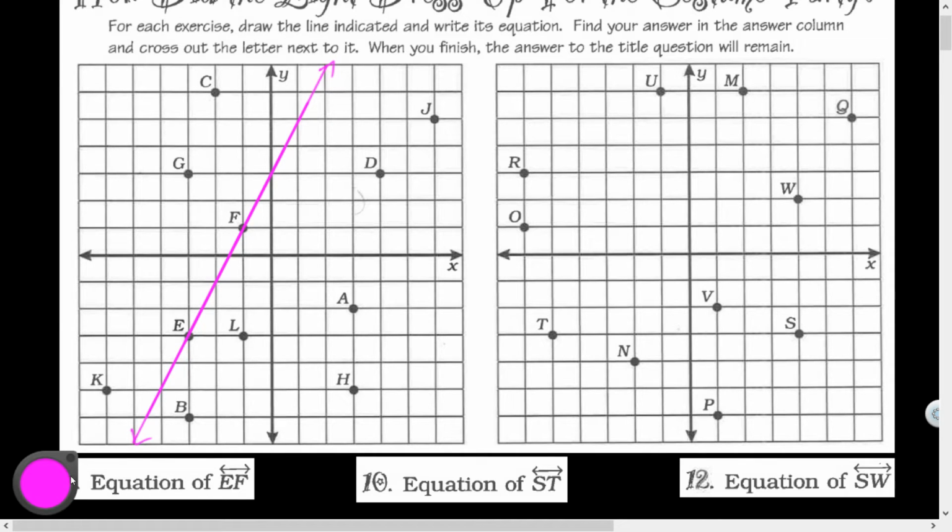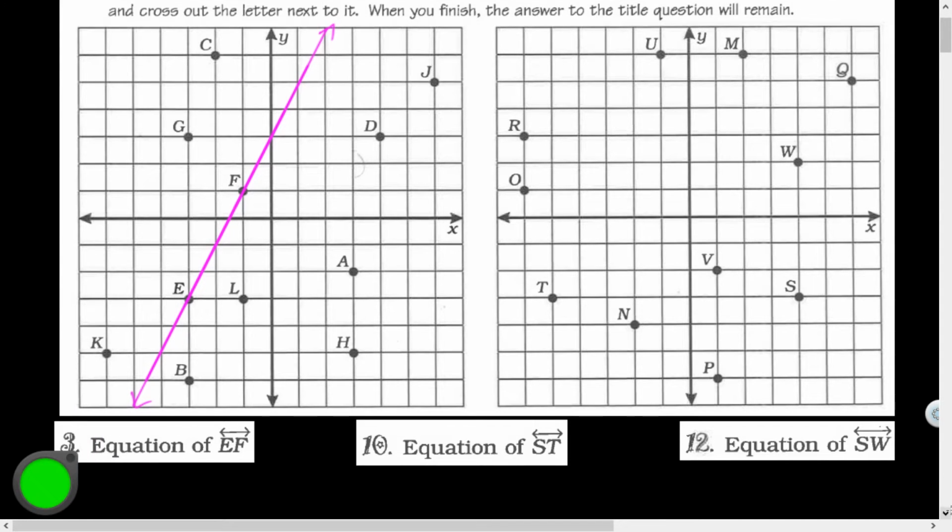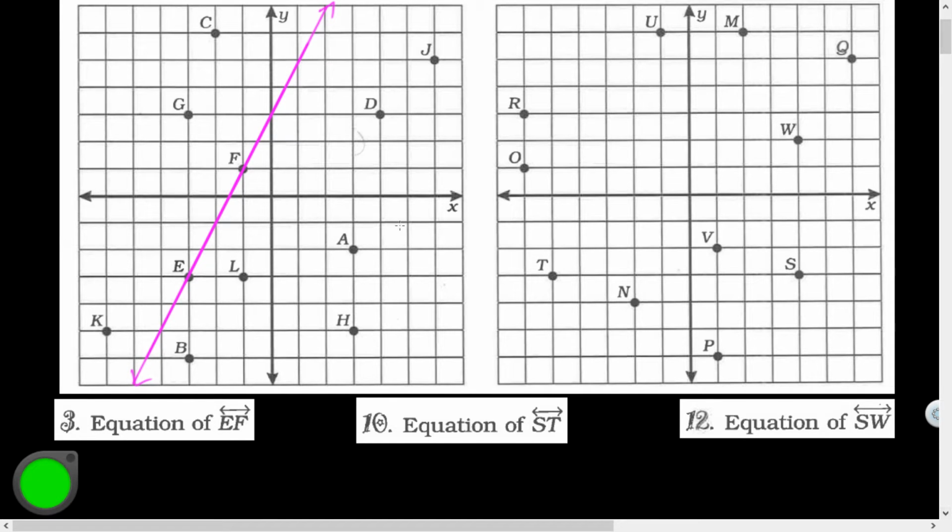If I want to find the equation, we need two pieces of information: its slope and its y-intercept, which I described for you as kind of like the DNA of the line, the two things that make a line unique. To find the slope, you can move between any two lattice points, figuring out the rise and the run, and you can determine the slope.